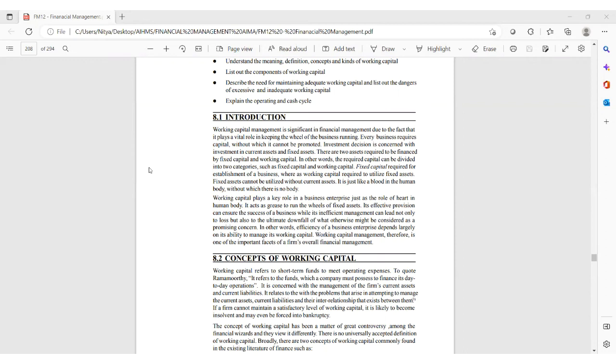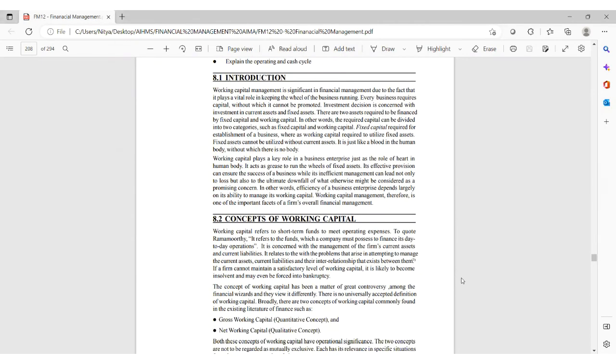That means we are talking about the short-term funds that you require for your operating expenses, or for your operations, right? Working capital is always a major topic for discussion: how much capital is required, from where we can arrange the funds, and what the different concepts related to working capital are. So let's explore that.